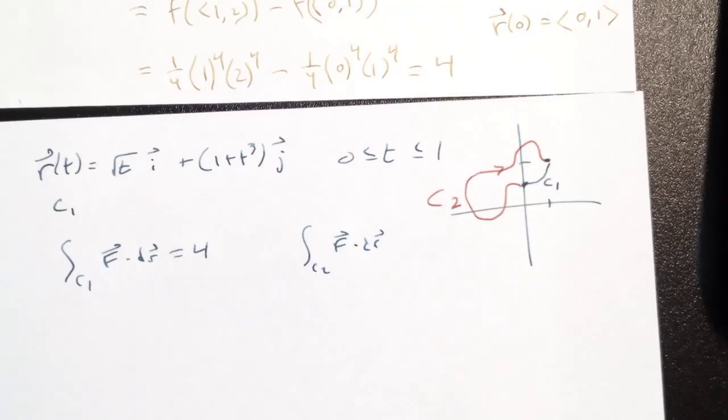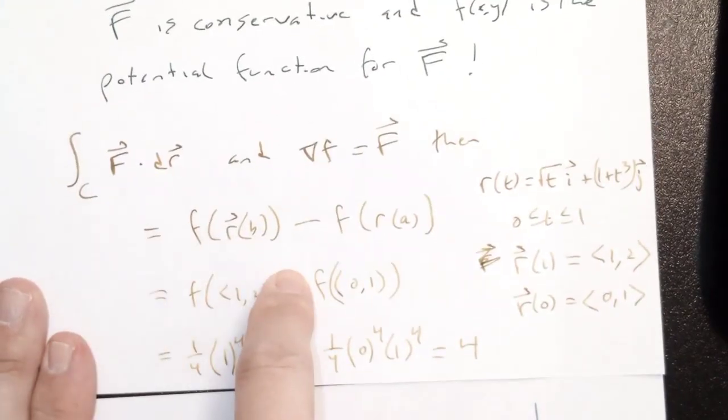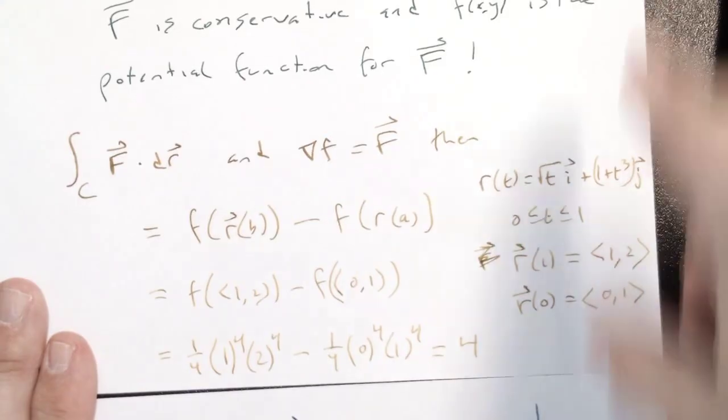Now here's the problem. I don't have the parametric equations for C2. But why not? Why don't I need the parametric equations? I have an antiderivative. I have a potential function. I know that the way to do this integral is to do this, and we start and end at the same damn place.